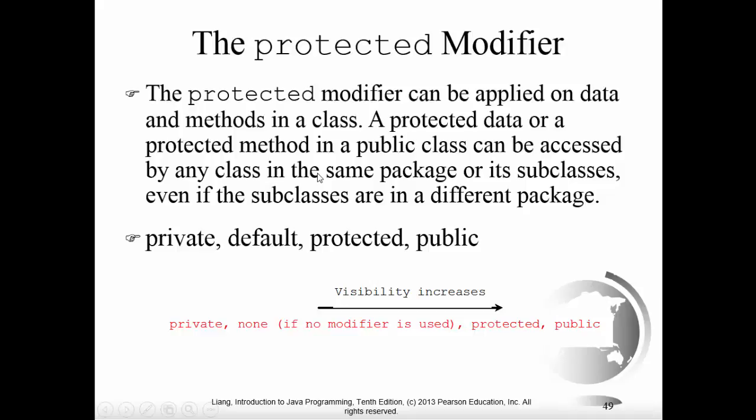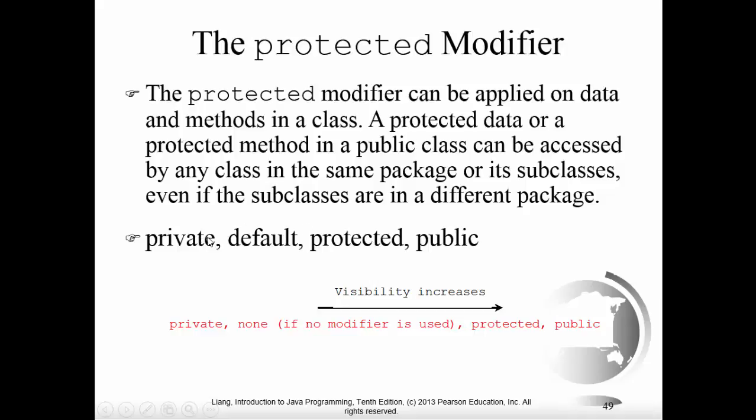So we're basically saying that now all of a sudden the package does matter. Anything can be accessed by any class in the same package or its subclasses, even if the subclasses are in a different package. So if we have a class that's public, but some of the methods within that class are protected, we could have a different package inheriting from that class. They would then be able to access those protected methods.